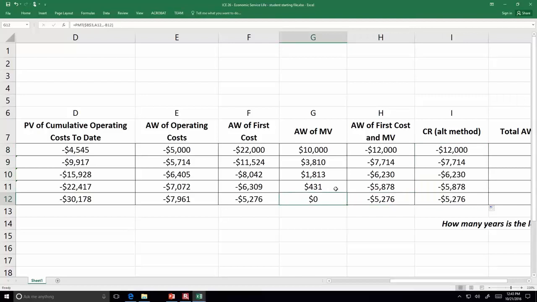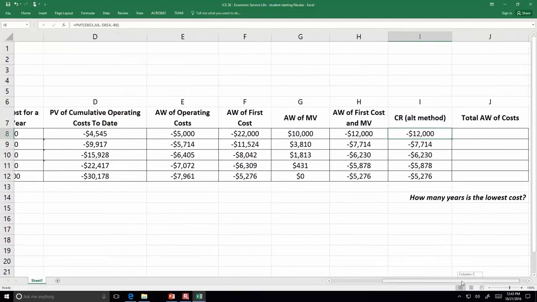You can do either approach on a homework or exam. It wouldn't be necessary to have both of these columns together. So this alternate method is just to illustrate that one function can have two input values, a present and a future value.